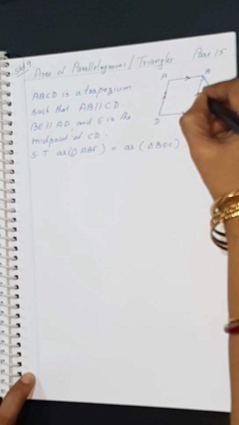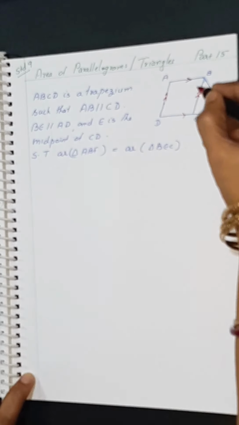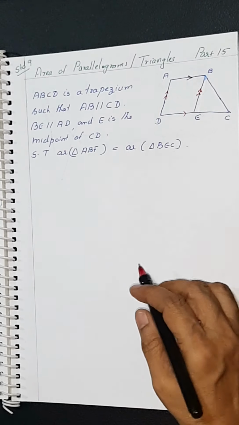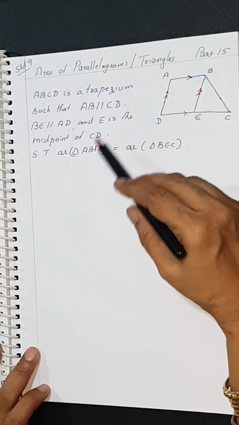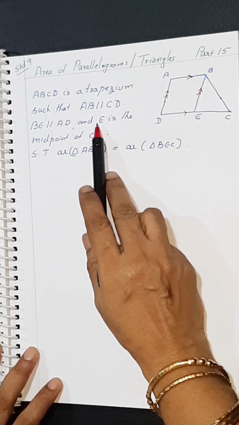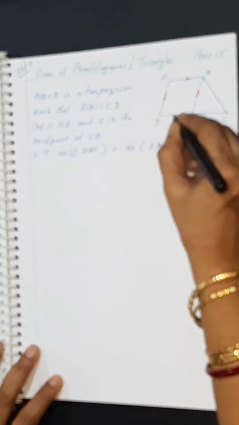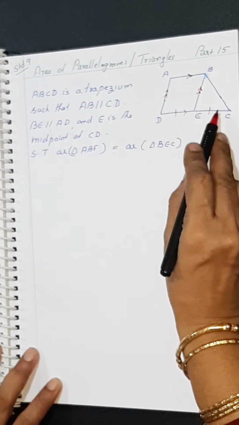When you get the data, please mark all the data in the figure wherever possible, so that it is easy for us to identify the lines which are parallel, and accordingly write the triangles or parallelograms. And E is the midpoint of CD. So ED is equal to EC.